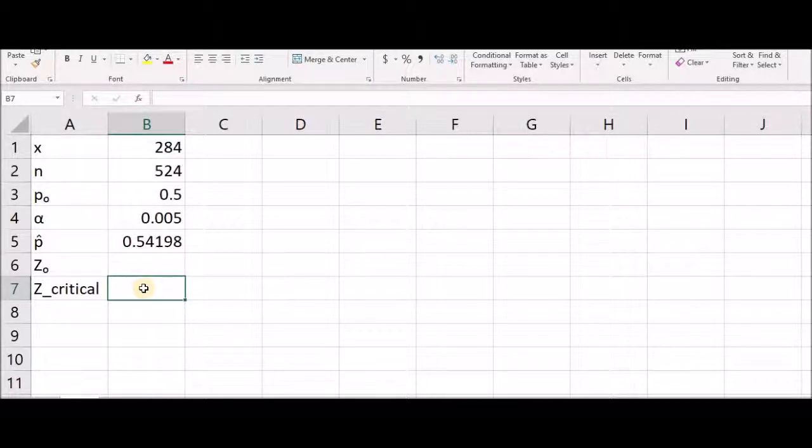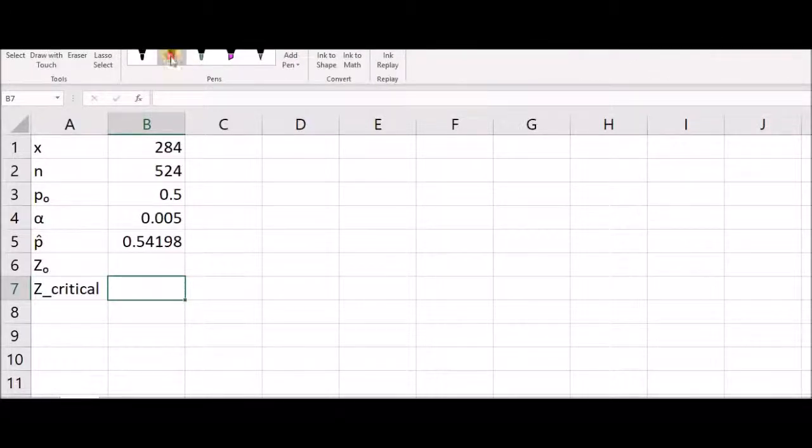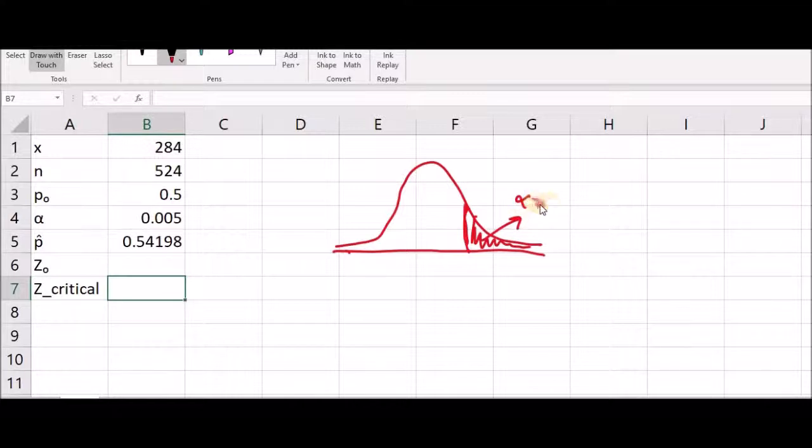To find the critical value, we know that the test is a right tail test. So I'm going to demonstrate by drawing the region. Here's my distribution. We're using the normal distribution in this case, and it's a right tail test. So this region is given, which is alpha, equal to 0.005, and I want to find the z critical.